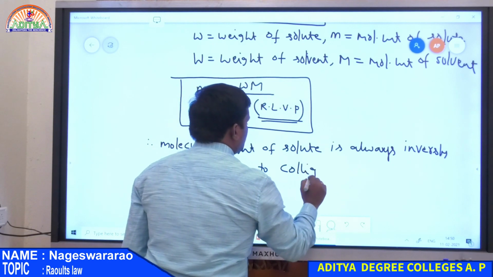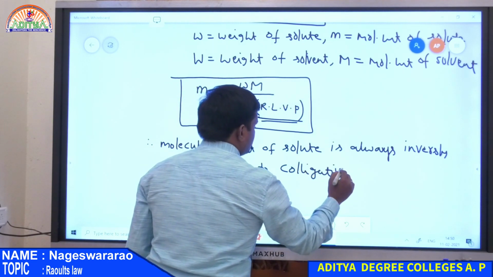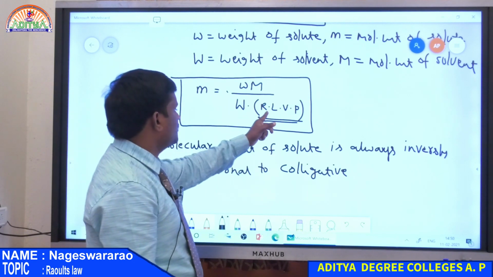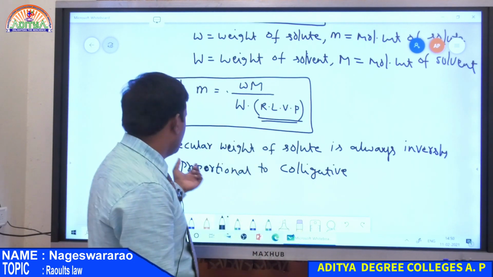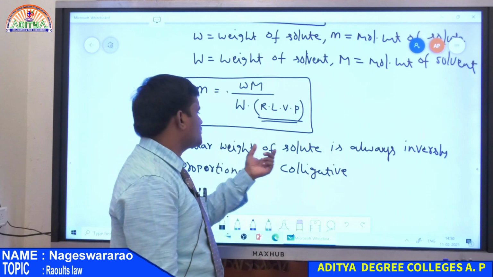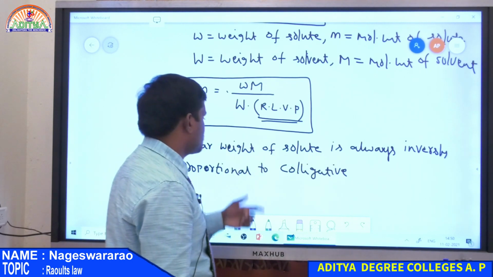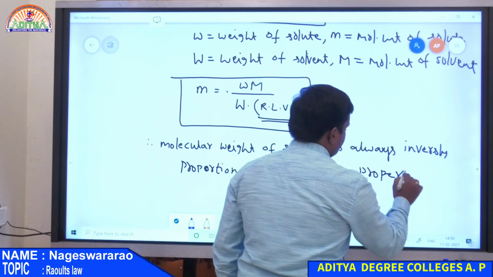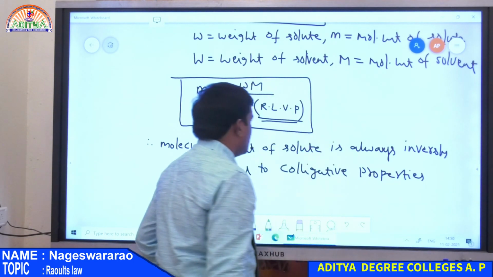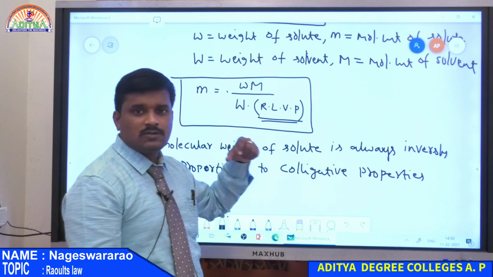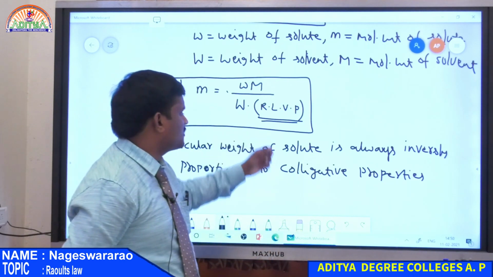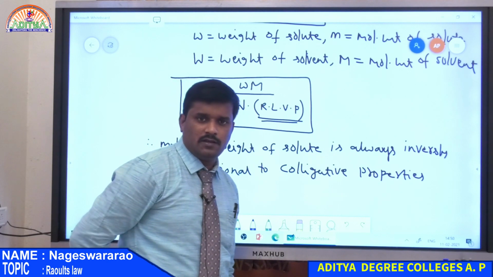So here the colligative property is RLVP. Therefore, molecular weight of solute is inversely proportional to RLVP. That is why the final statement: molecular weight of a solute is always inversely proportional to colligative properties. Whereas RLVP is directly proportional to number of moles of solute and M is inversely proportional to RLVP.